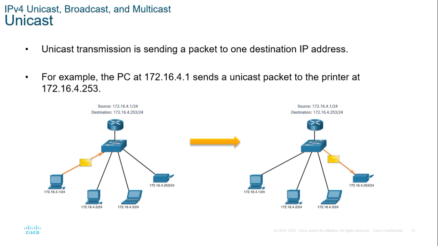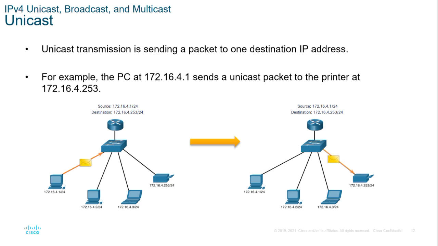First is unicast. Unicast transmission is sending a packet to one destination IP address. Unicast transmission is used for normal host-to-host communication in both a client/server and a peer-to-peer network. Unicast packets use the address of the destination device as the destination address and can be routed through an internetwork.